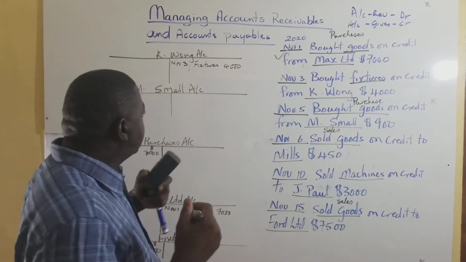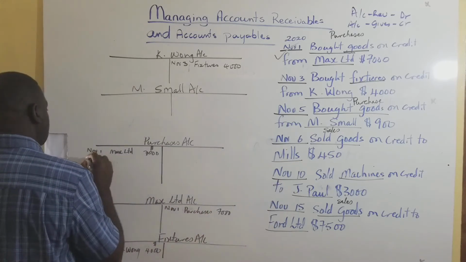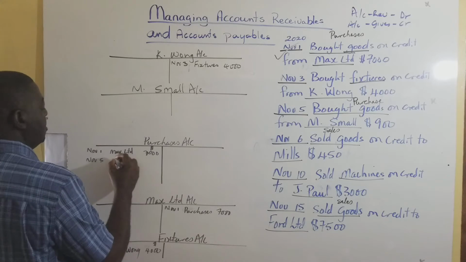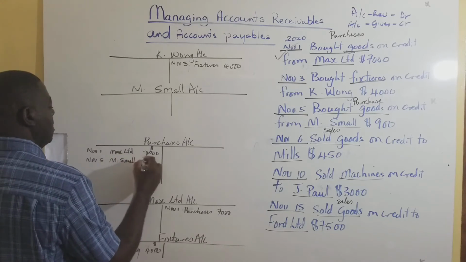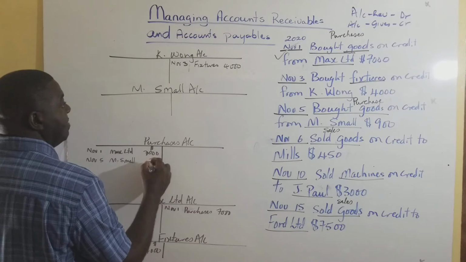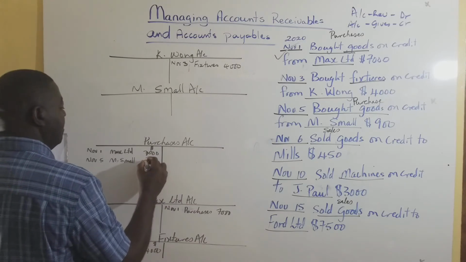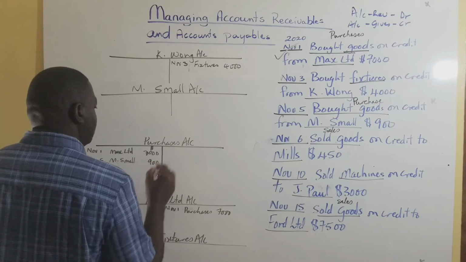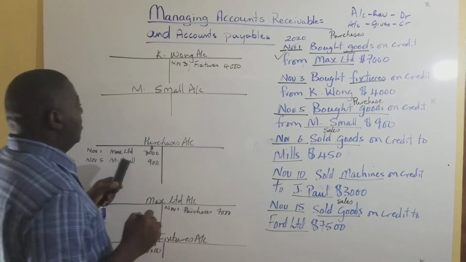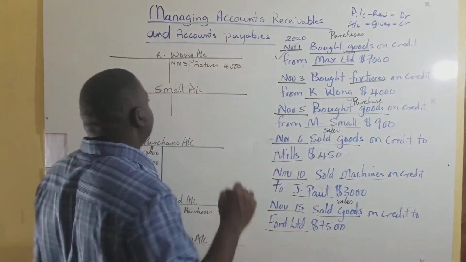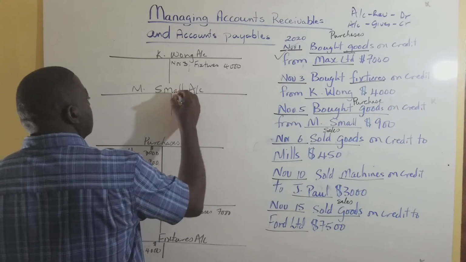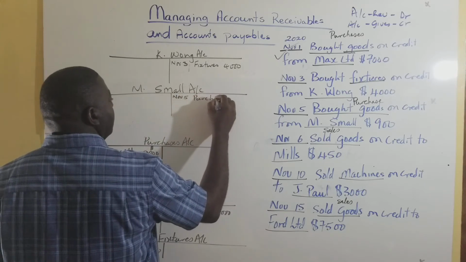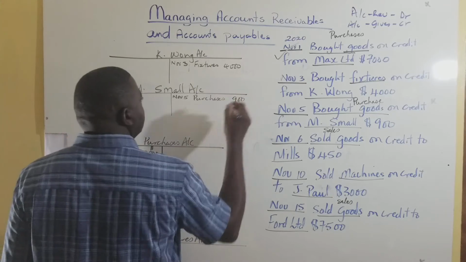So we are buying the goods, so once we're receiving the goods, we're going to debit, so it's going to be November 5, and it is going to be M Small, and the amount is $900. So we debit, yes. We're getting the goods from M Small, so M Small is giving it, we're going to credit his account. November 5, and it's going to be purchases, and the amount is $900.